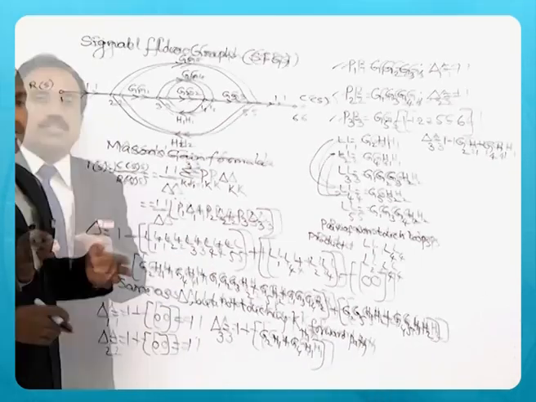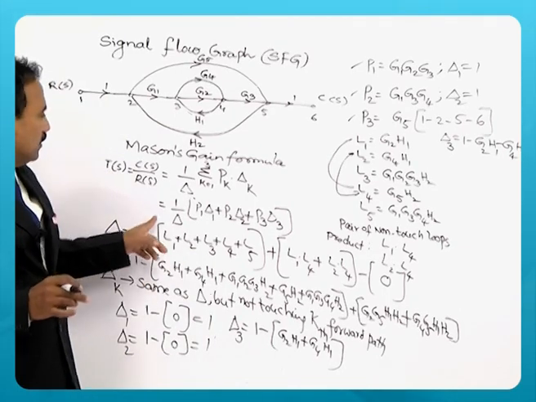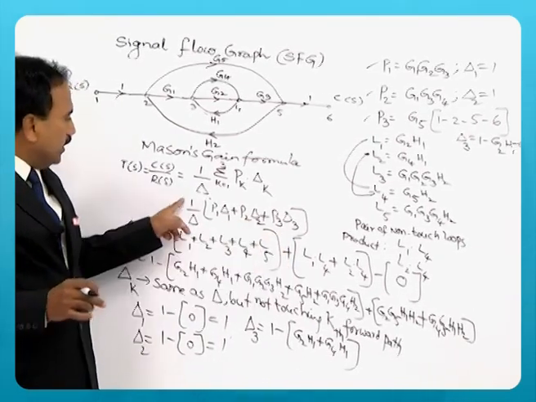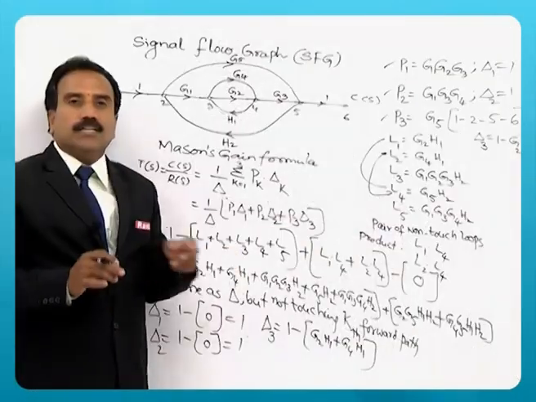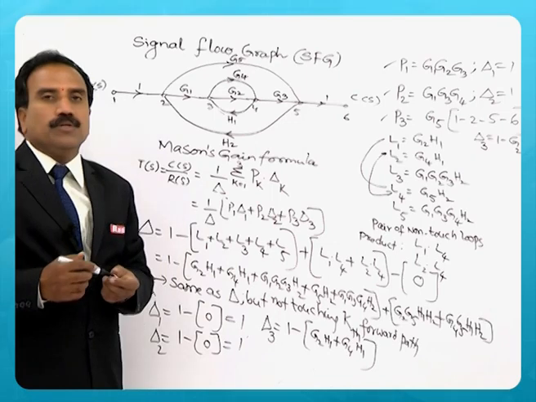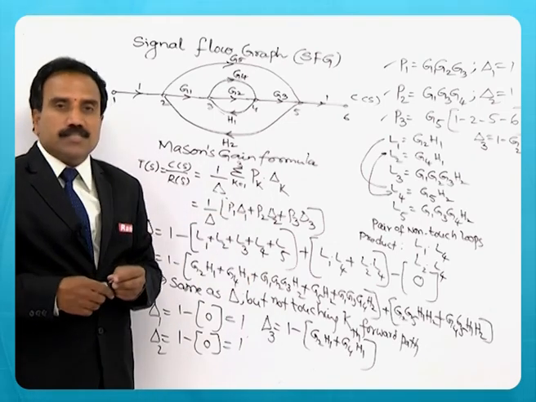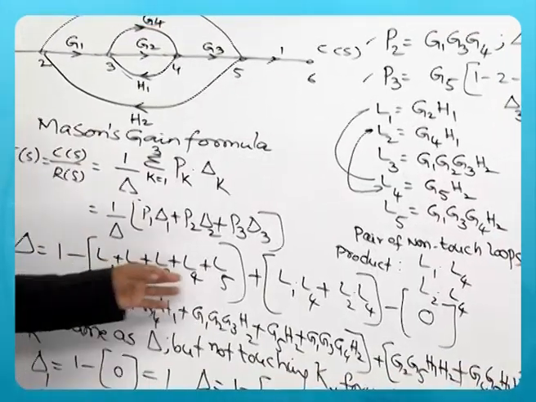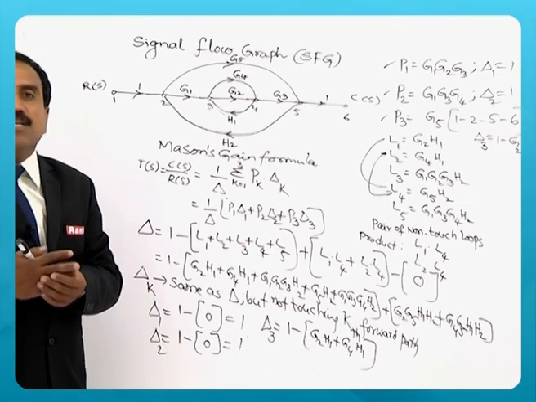So now it is a substitution of all these gains in Mason's gain formula, 1 by delta times P1 delta 1 plus P2 delta 2 plus P3 delta 3. That's all you need to do. For any given system, you need to do this much exercise and find out the overall transfer function using Mason's gain formula.